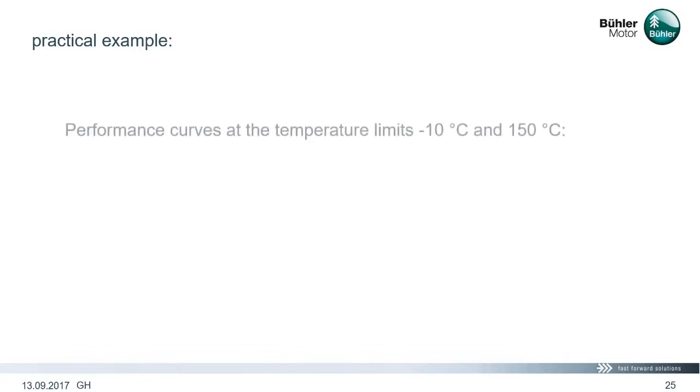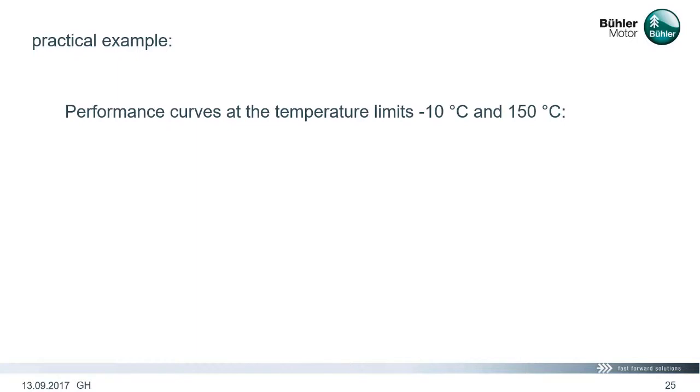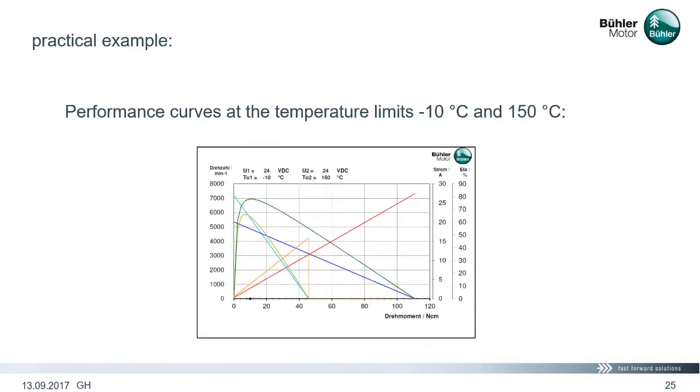Considering the application conditions help the thermal situation in our example motor, the maximum winding temperature is 150 degrees. We can look at the performance curves at the temperature limits now. One can see that the change in performance of the motor is pretty significant between the temperature limits. This has to be considered when the motor is selected for a specific application.